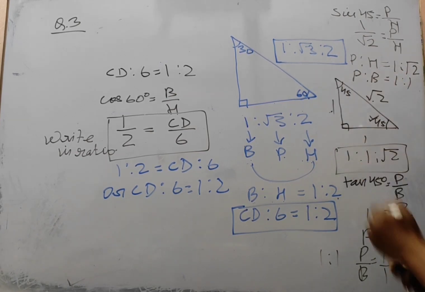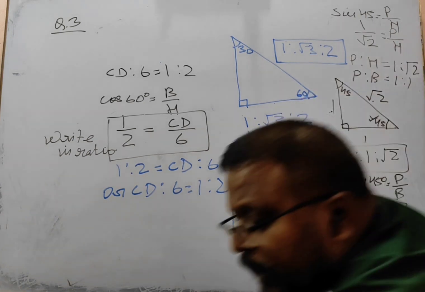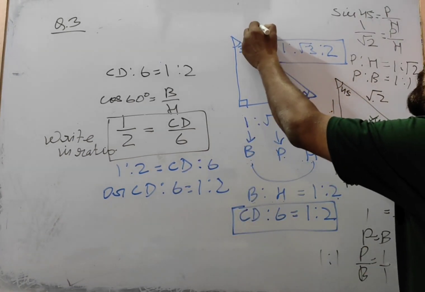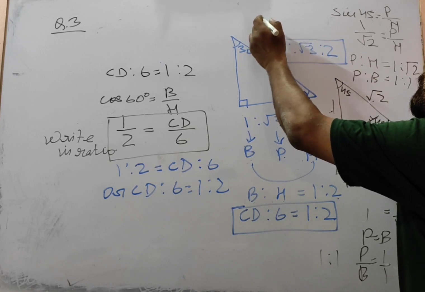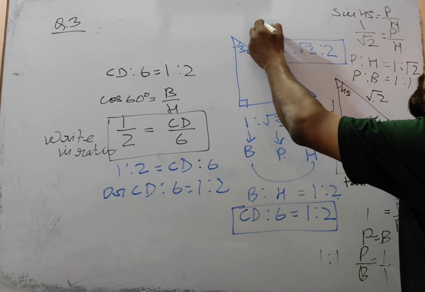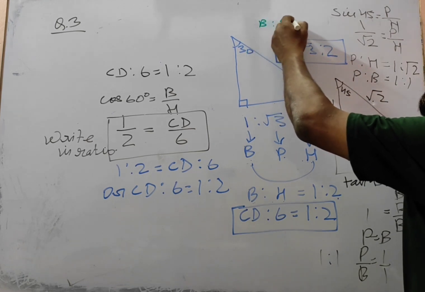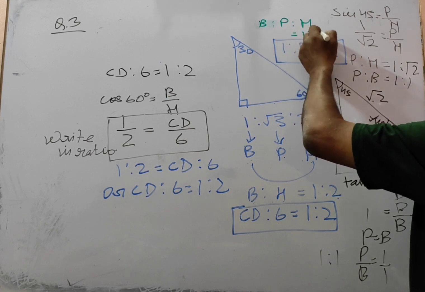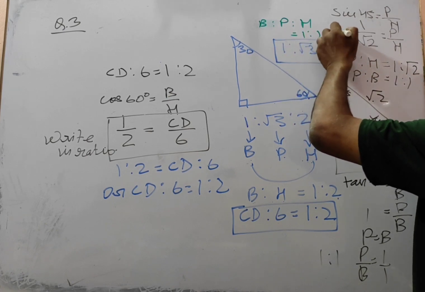So in all we can write B ratio P ratio H is equal to 1 ratio 1 ratio root 2, right?